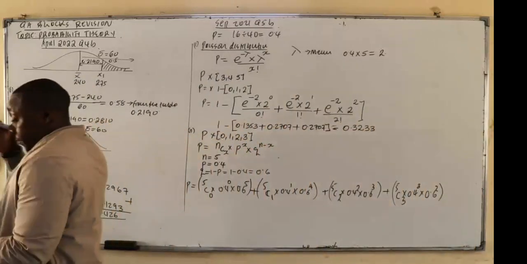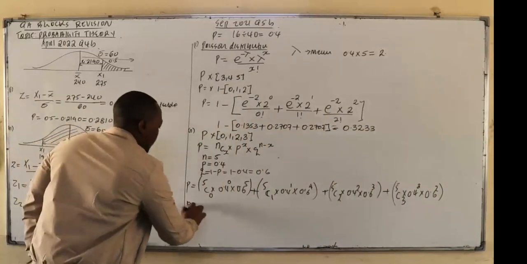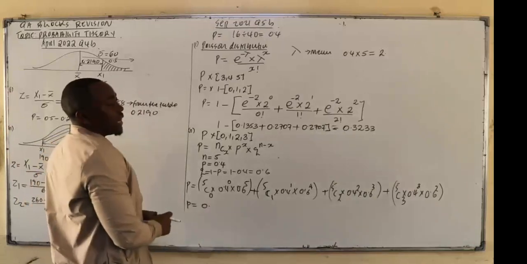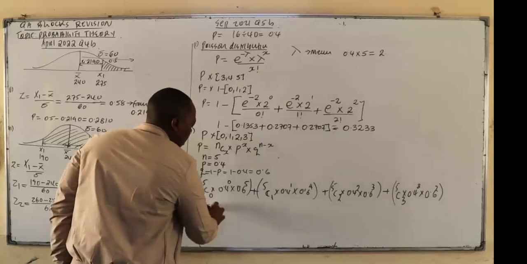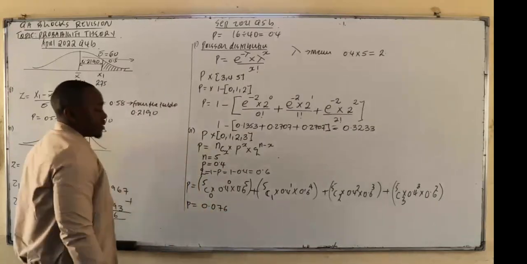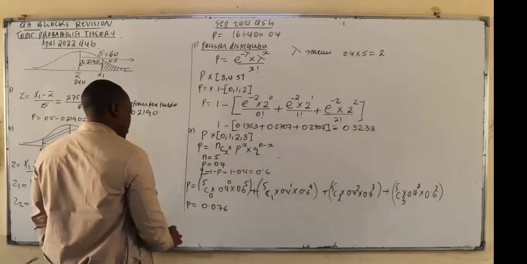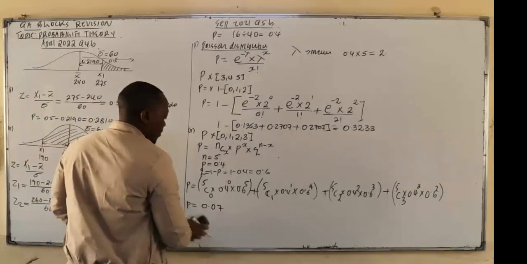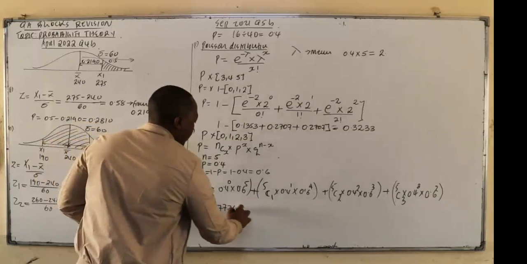So give me that. Zero point 0.076. And then you add.